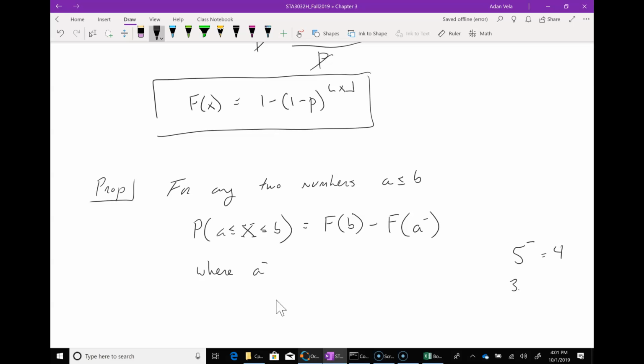If I say 3.5 minus, that's equal to 3. So it's like a round down, but it's even harder. So this 5 minus gets rounded down to 4 in a way. So it's the next largest integer.